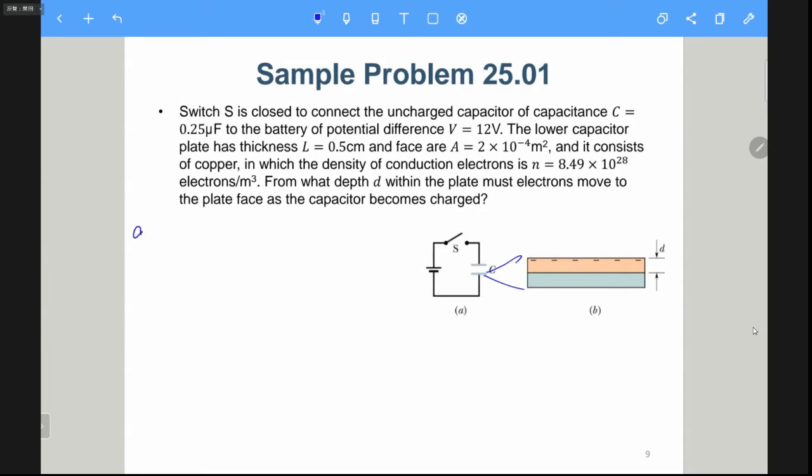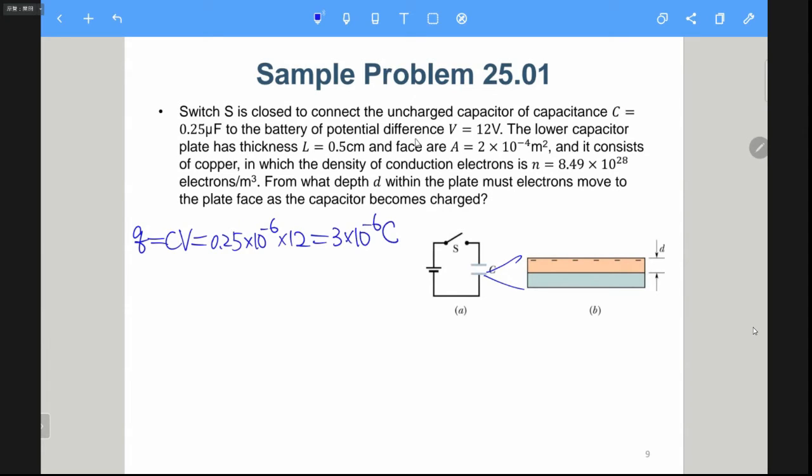So the first step is to use Q equals CV. C is 0.25 times 10 to the minus 6, and V is 12. So this number is 3 times 10 to the minus 6 coulomb. This is the charge at both the top plate and the bottom plate.